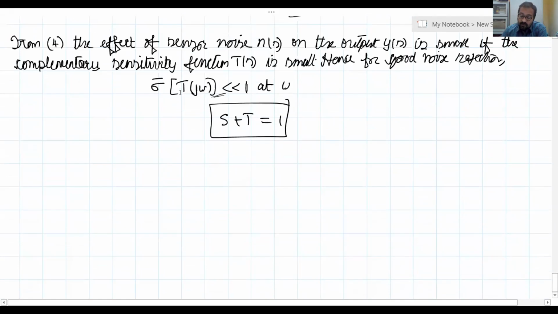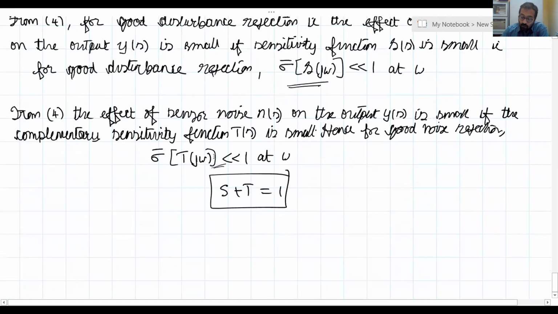So for good noise reduction, complementary sensitivity must be very small, and for good disturbance reduction, sensitivity must be small. Fine. So what could be the possible frequency shape of sensitivity and complementary sensitivity? Just think for a moment and tell me.